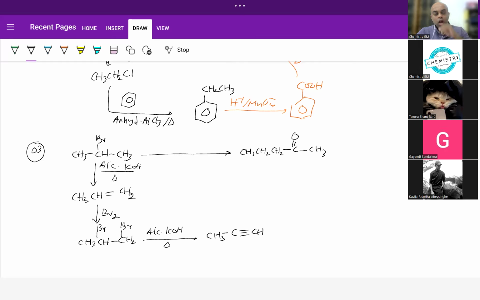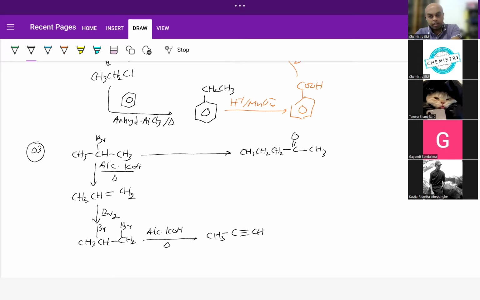Now I have a terminal hydrogen atom, right? Terminal one. There I can add 2 carbon atoms, right? So I can use sodium.